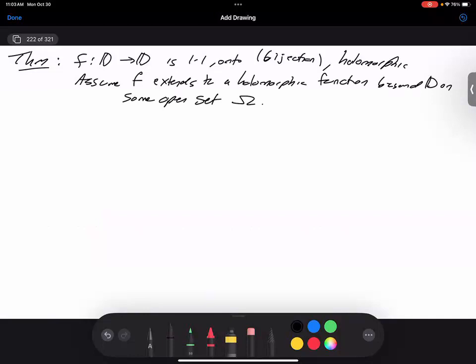Okay, it's still holomorphic. And my claim is then, if we look at F from D bar to D bar, all points on the boundary of the unit disk are hit.